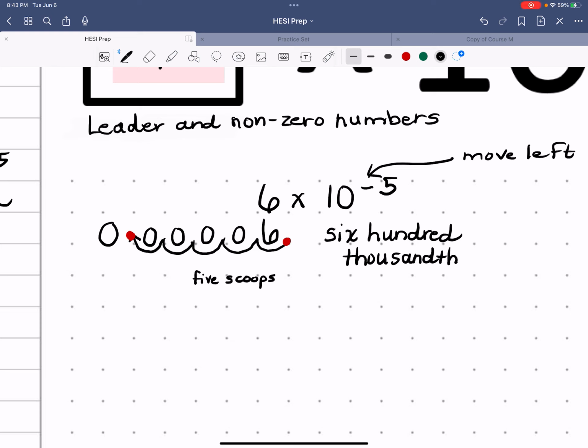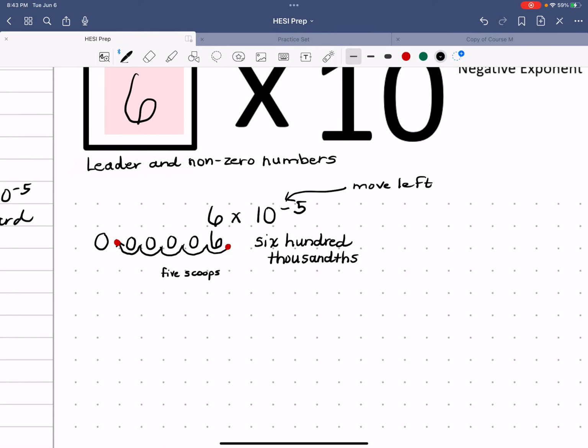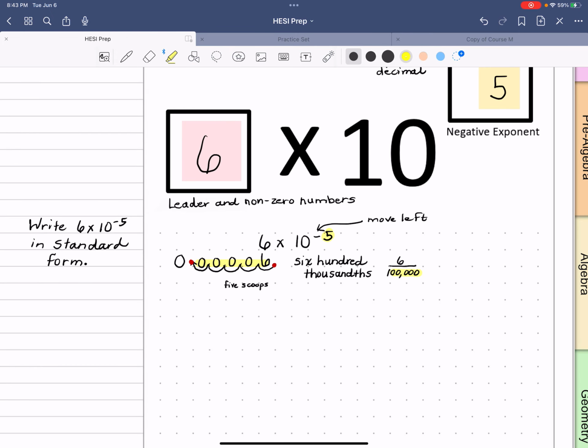And just for trivia knowledge here, you could also write it this way. These 5 zeros are these 5 places and that exponent. It's all tied together. So 600 thousandths. That is an incredibly small number.